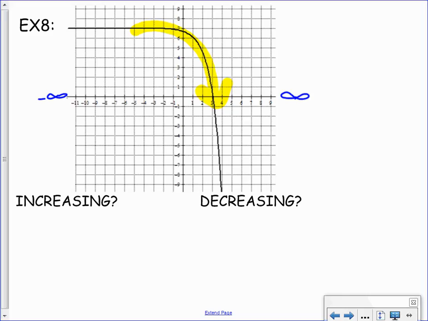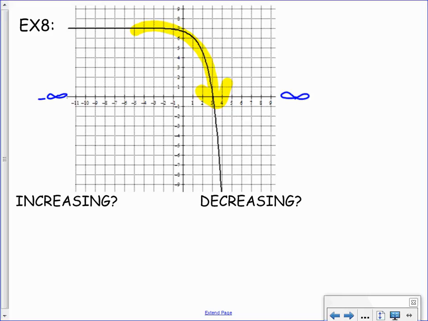This one has an asymptote. It never gets above 7. It'll never touch 7 either. So it starts out like a trickle, going down real slow, and then bam, waterfall, it drops.